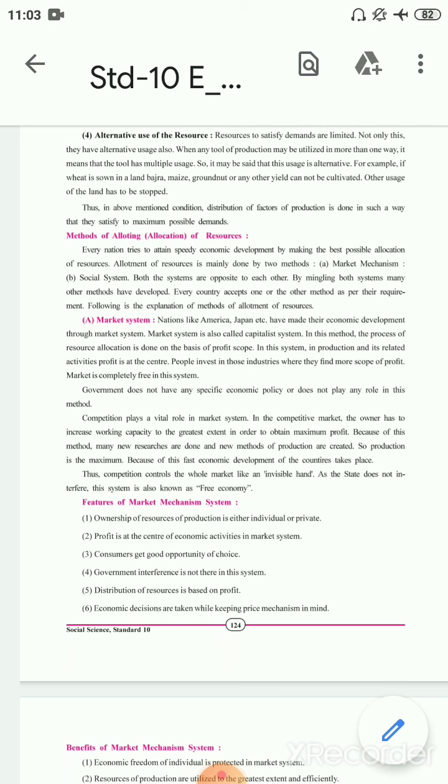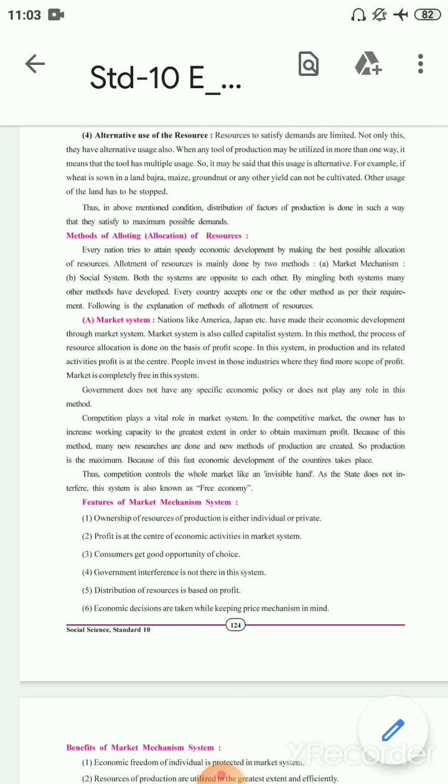Let me make it very clear, both these systems are opposite to each other, and by taking the advantages of both the systems, many other methods have been developed, and a country will accept one or the other method as per their requirement. Let us become familiar with both the systems, that is market system and social system.